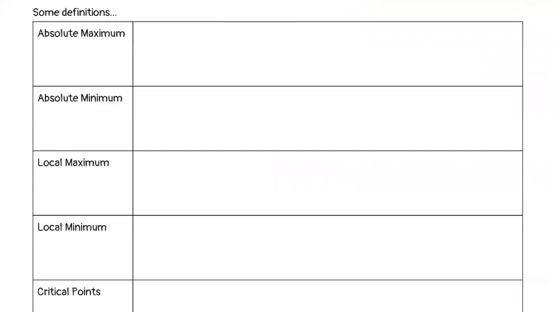So we've talked about an absolute maximum. We've talked about an absolute minimum. How might we define these? Absolute max, absolute min.